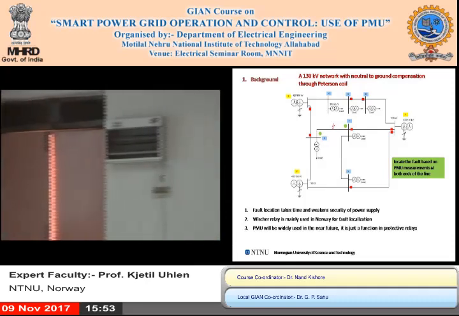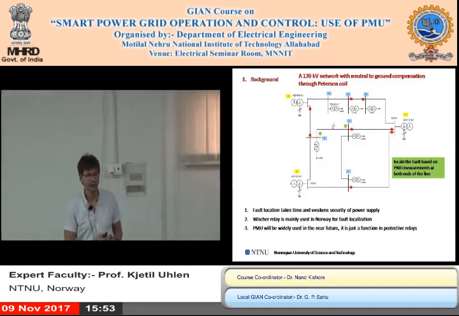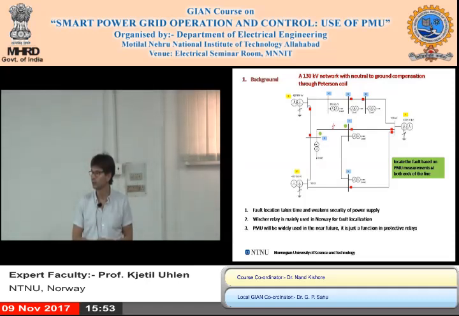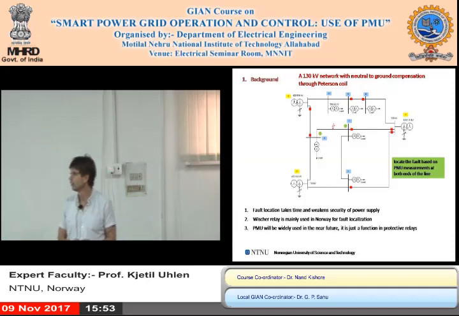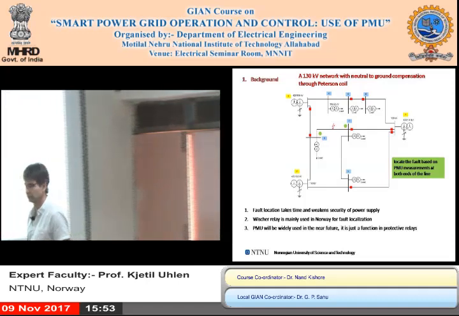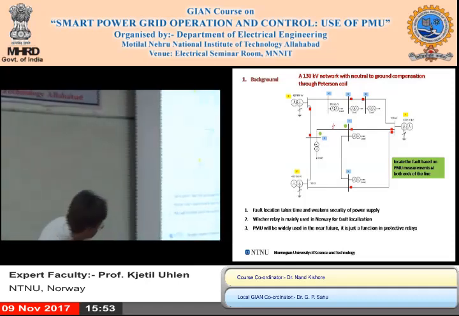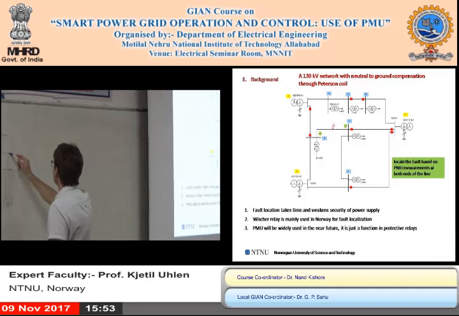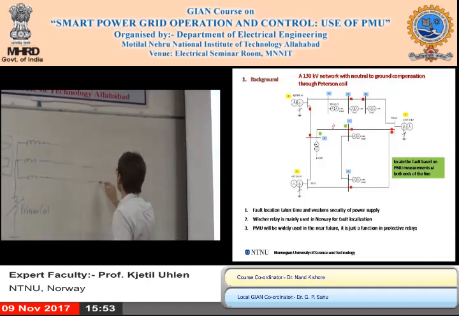I saw some of you were familiar with this, and you would then know that a main reason for doing it like this is that you limit the earth faults. You can think of the lines as having some charging capacitances, right?